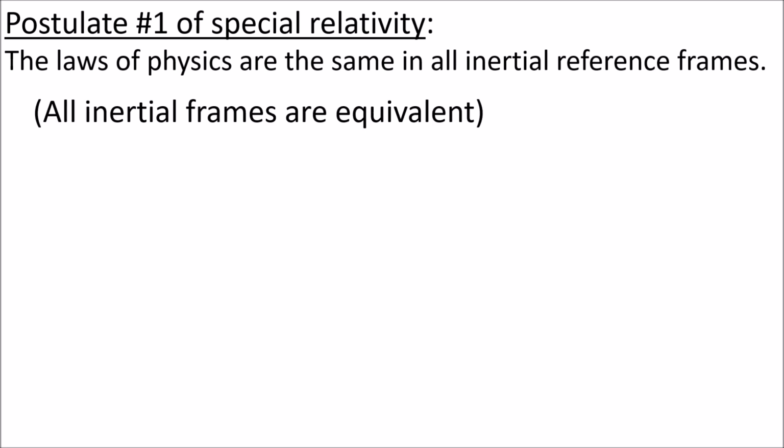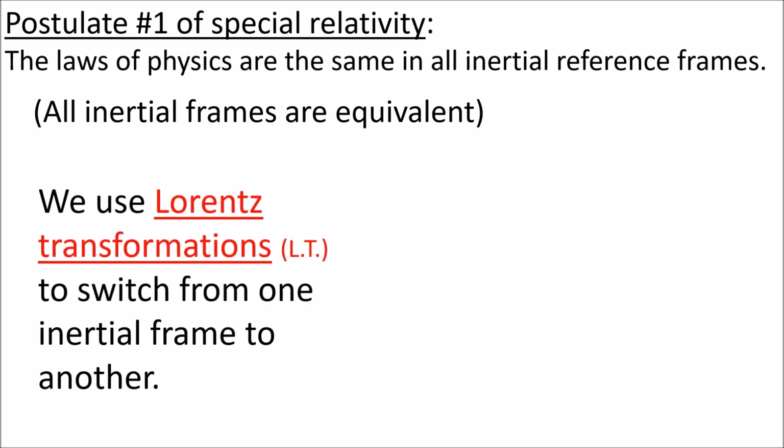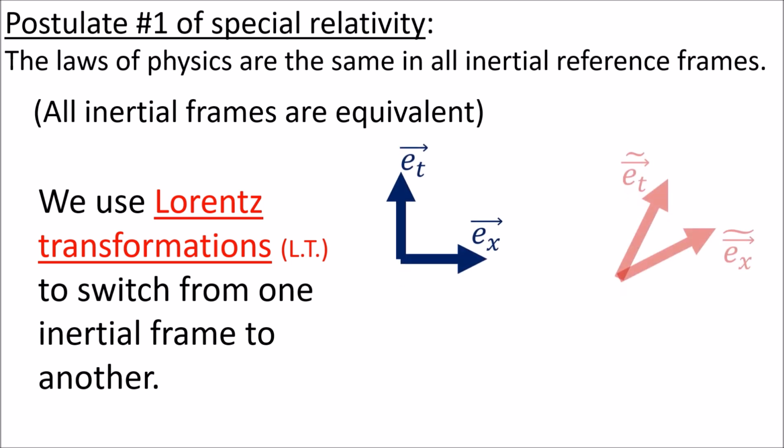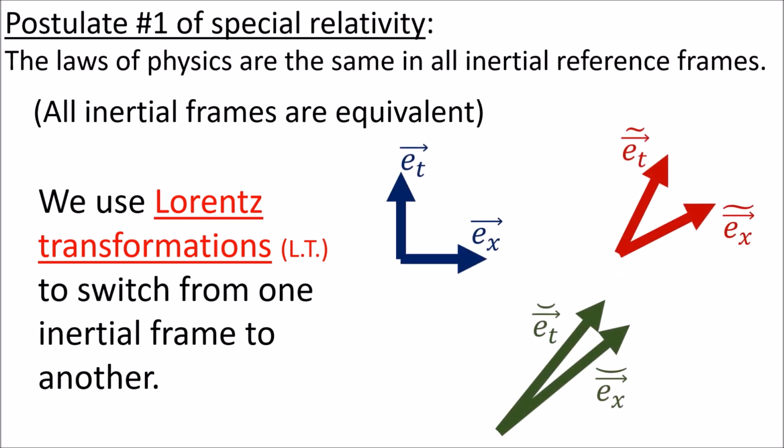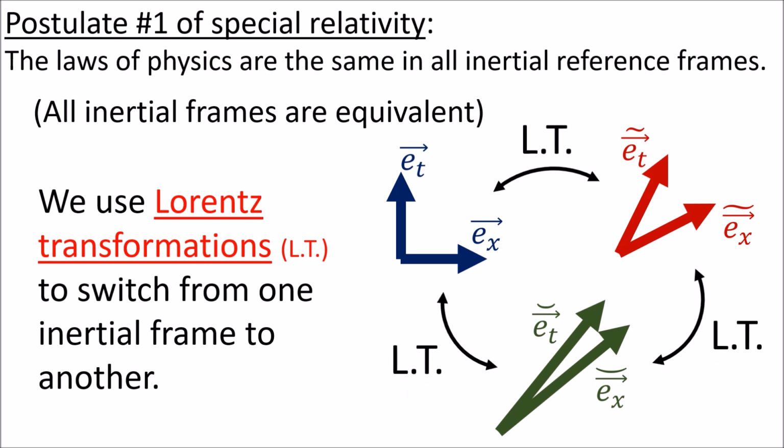This basically means that all inertial frames are equivalent to one another. And remember, we use Lorentz transformations to switch from one inertial frame to another. Anytime we have an inertial spacetime basis, which is a Minkowski orthonormal basis, we can always change to another inertial spacetime basis using a Lorentz transformation.